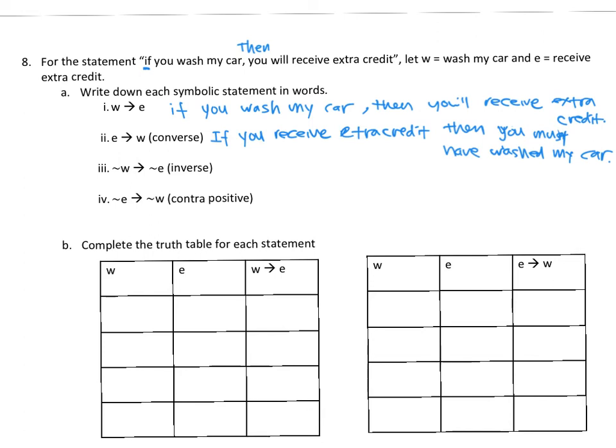Now let's look at the inverse statement. So not W implies not E. So negate W, negate wash my car. If you don't wash my car, then you don't receive extra credit.